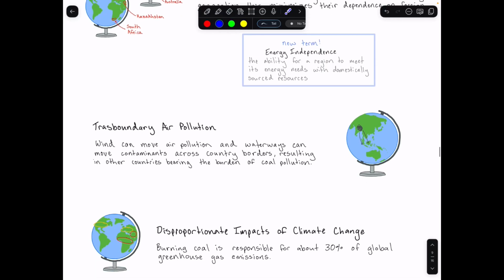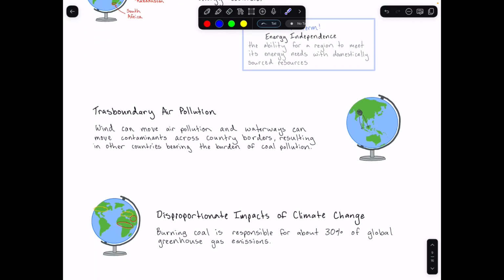Okay, and then the fourth and final consideration here is the disproportionate impacts of climate change. So burning coal is responsible for about 30% of the greenhouse gas emissions that are emitted globally. And regions like Europe and North America have been large contributors to greenhouse gas emissions into the atmosphere over the past 100 years or so.